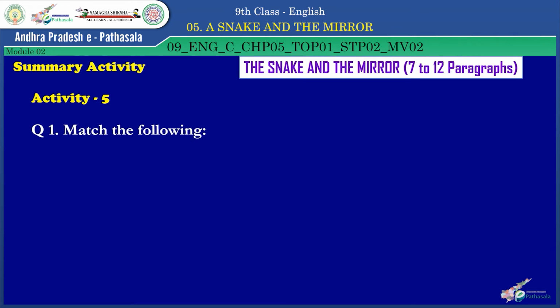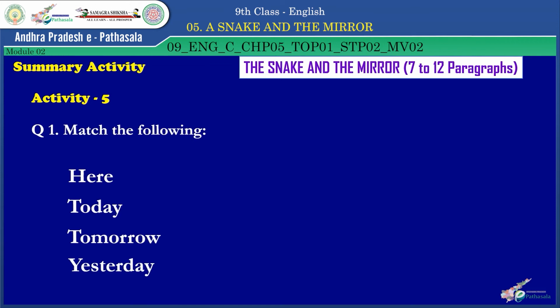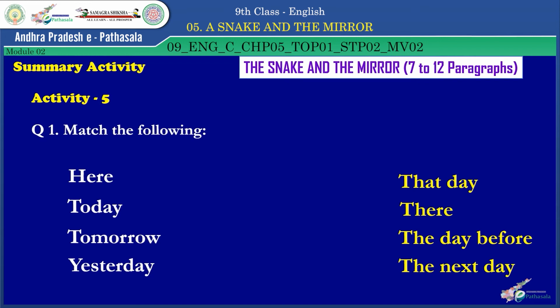The words we see in the direct speech are here, today, tomorrow, yesterday. And the words from reported speech are that day, there, the day before, the next day. My dear students, now we have to match the words.